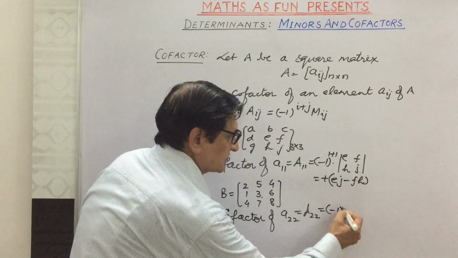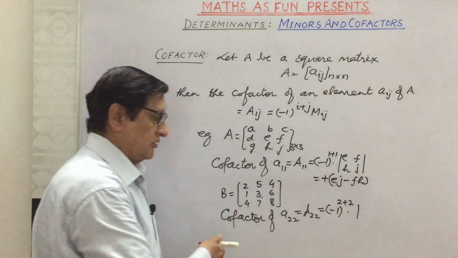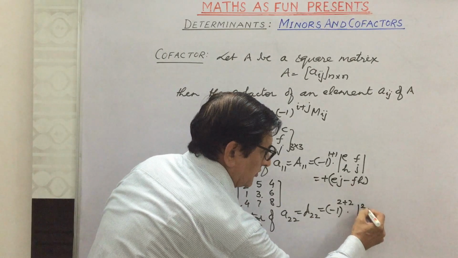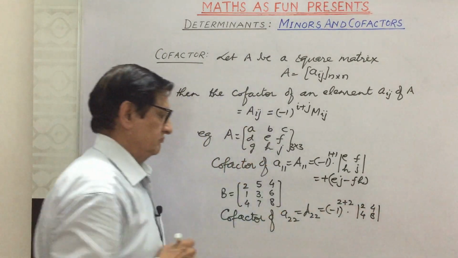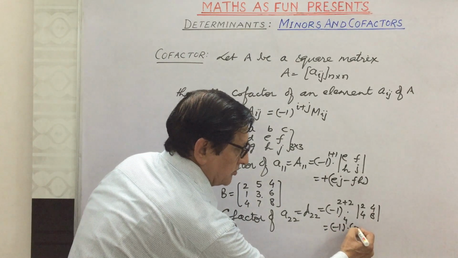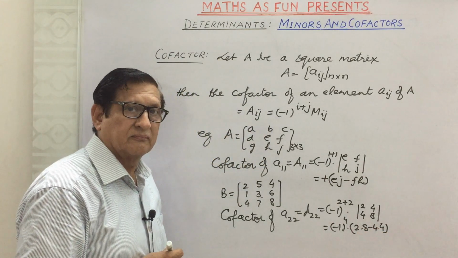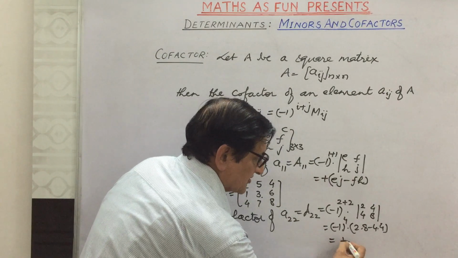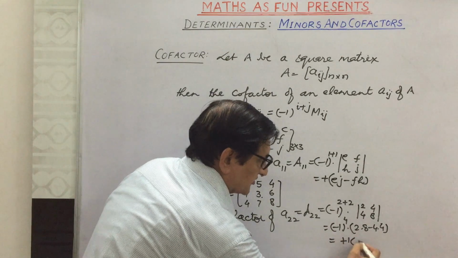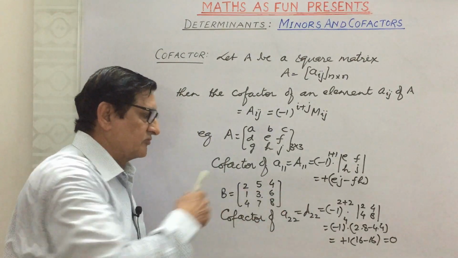And here we will have minus 1 power i plus j, that is 2 plus 2, into the minor of A22. This is 2, 4, 4, 8. Find the value. This is minus 1 power 4 into 2 into 8 minus 4 into 4. This comes as plus, because minus 1 power 4 is positive, plus 1 into 16 minus 16, that is equal to 0. So 0 is the cofactor of this.